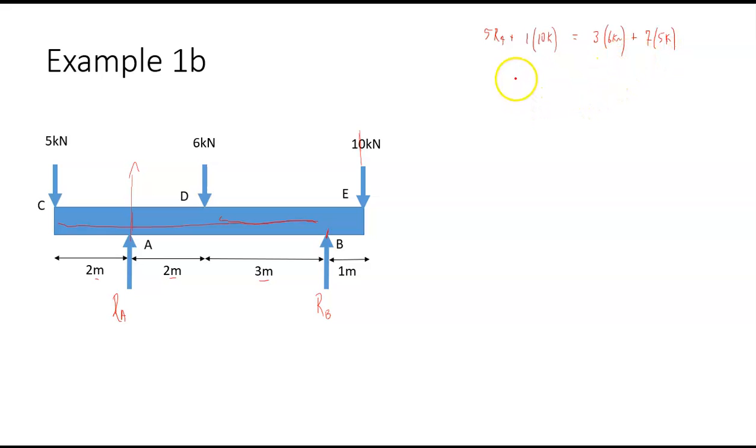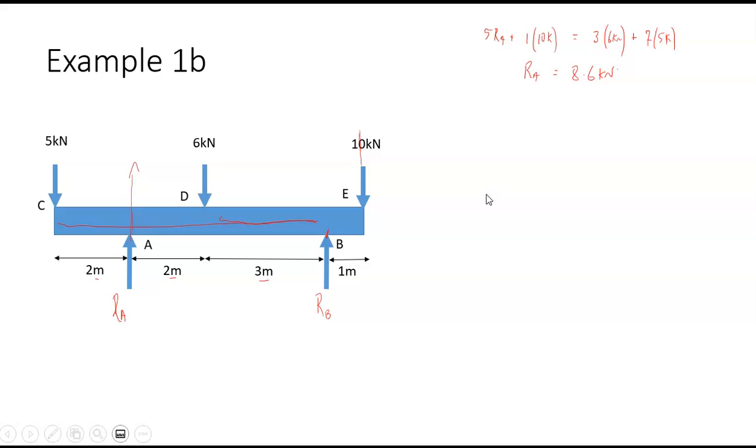And if we solve that, we will get that RA is equal to 8.6 kilonewtons.